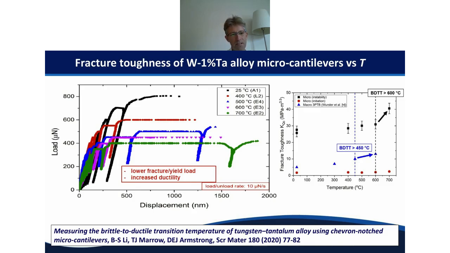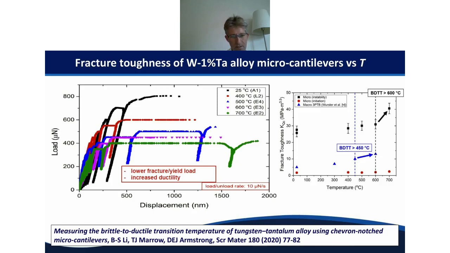And these tests across the temperature range really can pull out some very useful information which can go into fracture toughness calculations. They were able to show, for example, as the temperature goes up, the lower load necessary for fracture and yield, and also greater ductility.